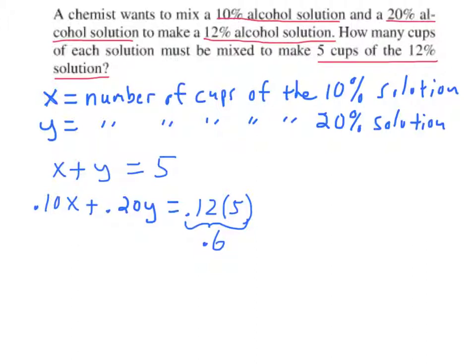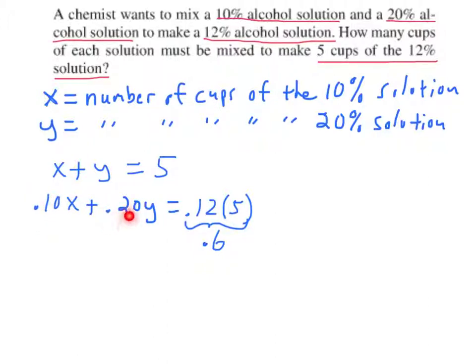Now with the elimination method, remember, we have to get opposites in either the x terms or in the y terms, and then we add the equations together, and that term cancels out. But before I do that, first thing I'm going to do is eliminate the decimals from this bottom equation. And I'm going to multiply everything by 10. Now when you multiply a decimal by 10, the decimal point moves 1 to the right. So that would become 1x.